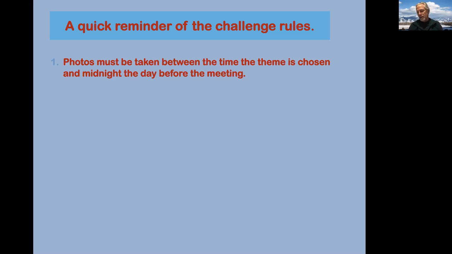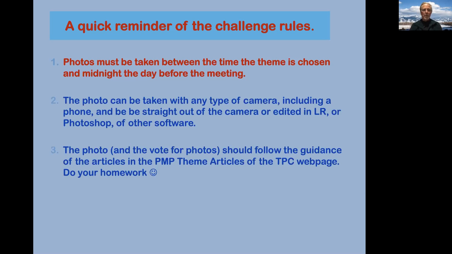This is the one that always becomes the problem: for all of our theme challenges, the picture that you share with me, that I share with everybody else, has to be taken between the time the theme is chosen, which will be tonight, and midnight the next month, because people were sending me pictures at 3 o'clock in the afternoon, and particularly if I was driving over, I couldn't do that. So we've got kind of 4 rules. That's the most important one.